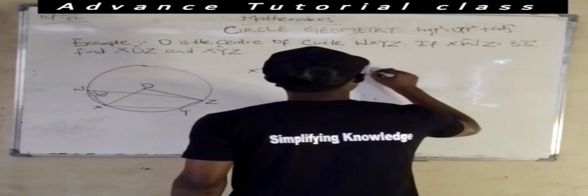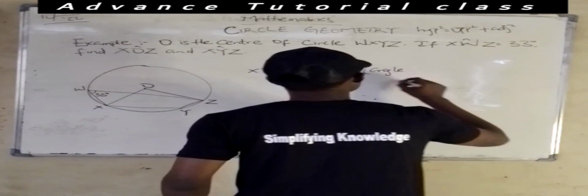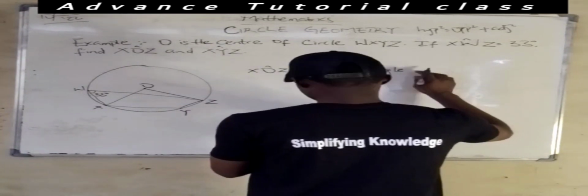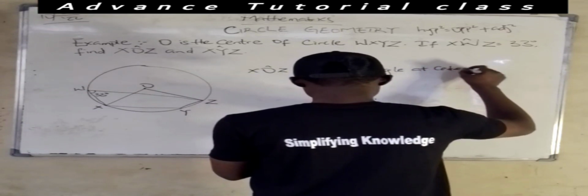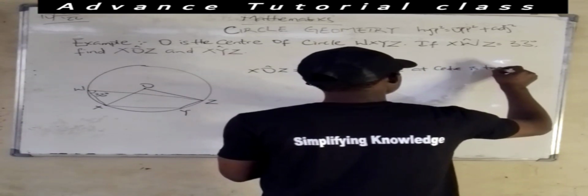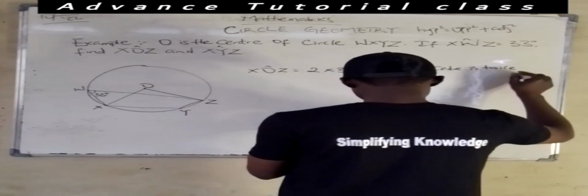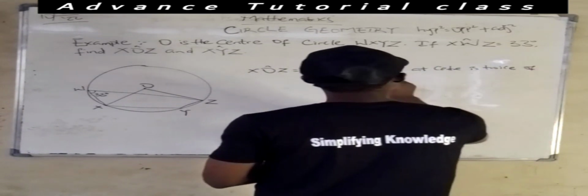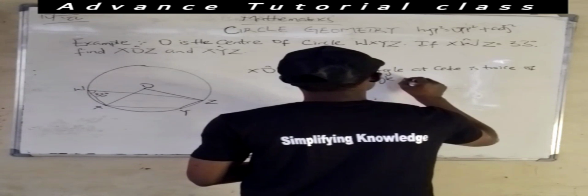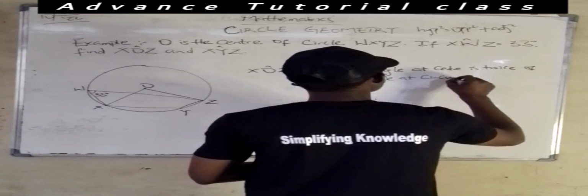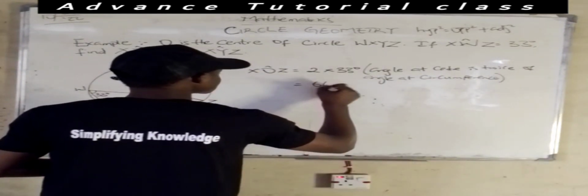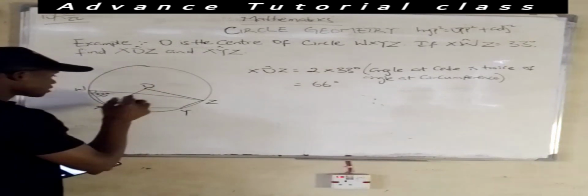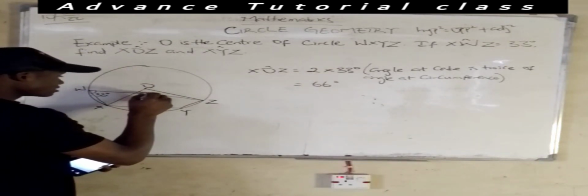Angle at center is twice the angle at circumference. So that equals 66 degrees. So this point here is actually 66 degrees.